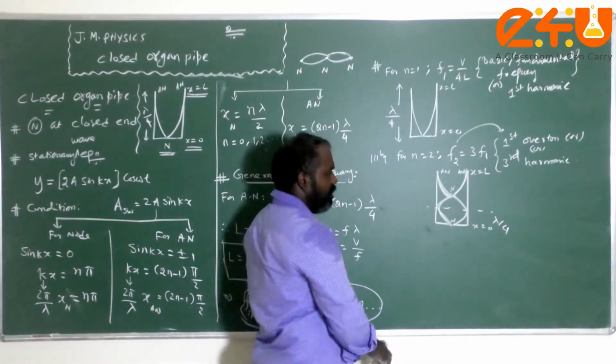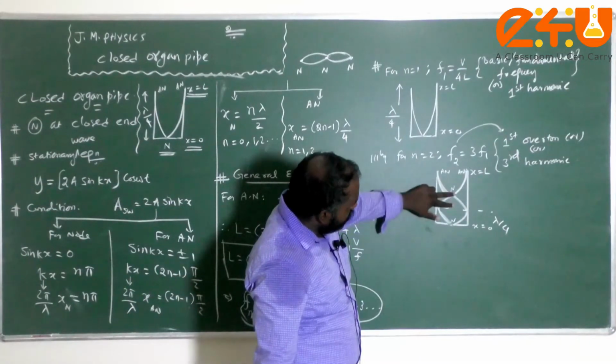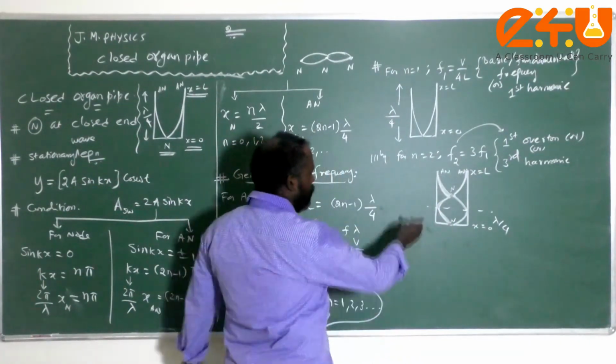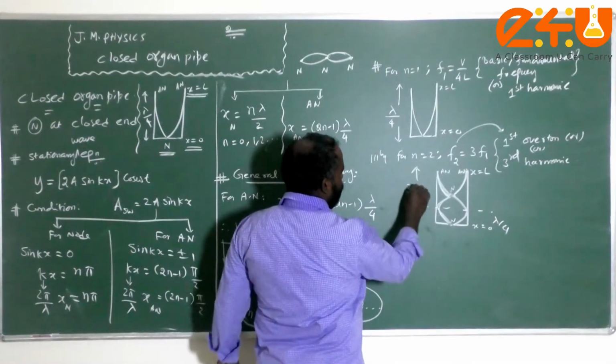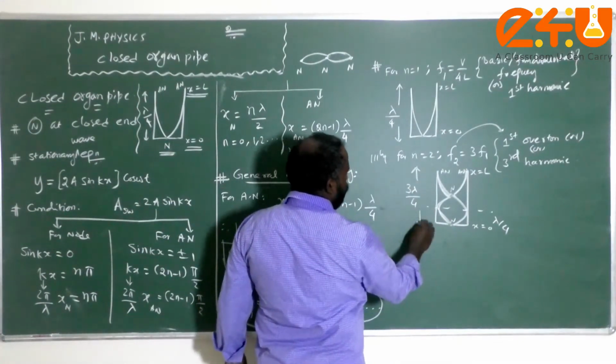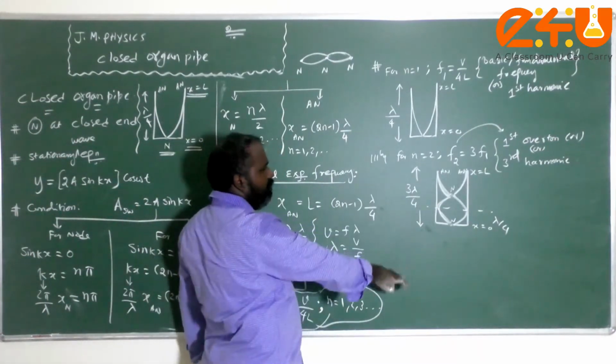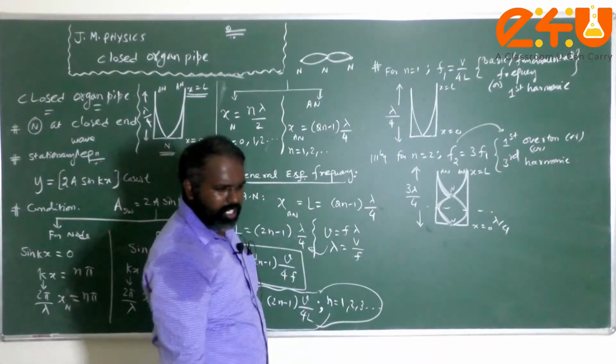So altogether, lambda by 4, lambda by 4, lambda by 4, the total length will be 3 lambda by 4. Similarly you can write for the higher harmonics also.